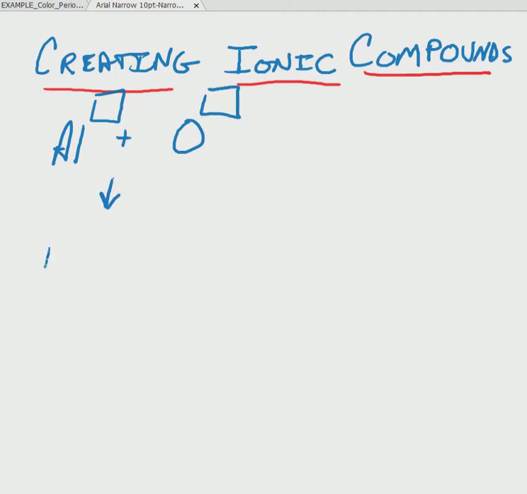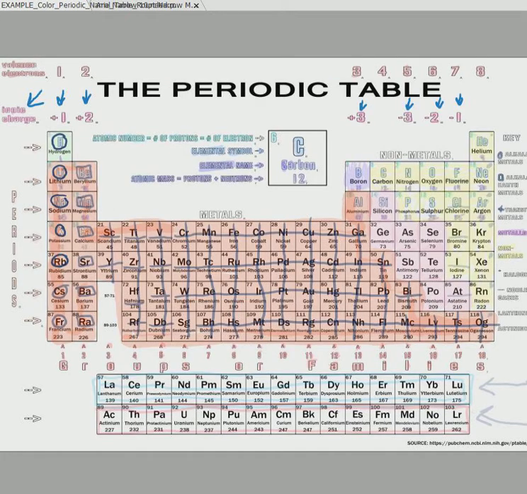So we go back to our periodic table and we look for aluminum, which would be in the boron group, group 13. So aluminum has an ionic charge of +3.